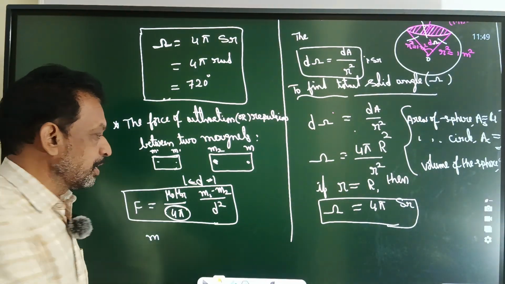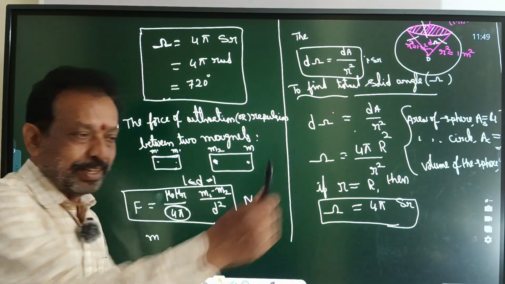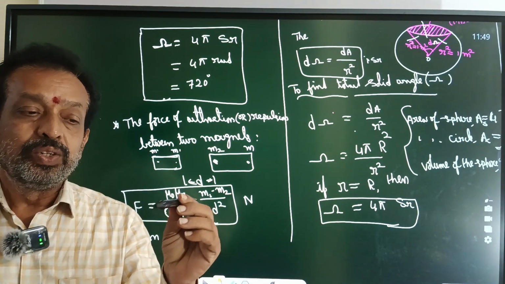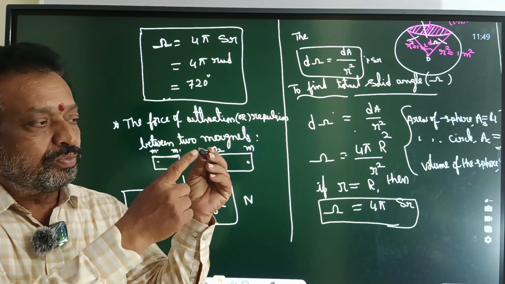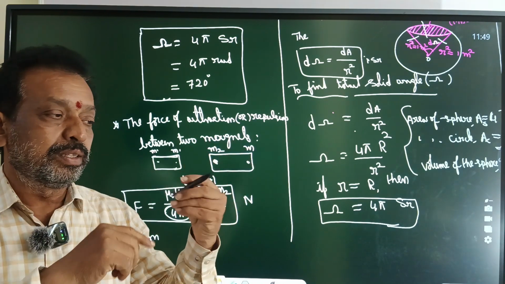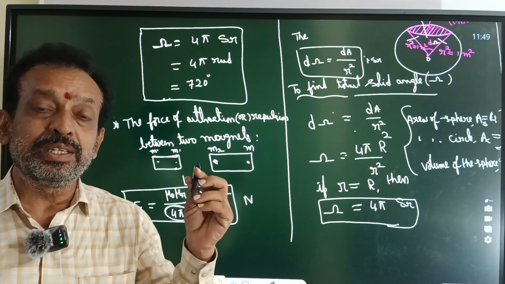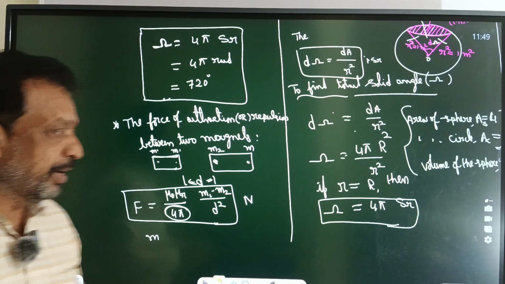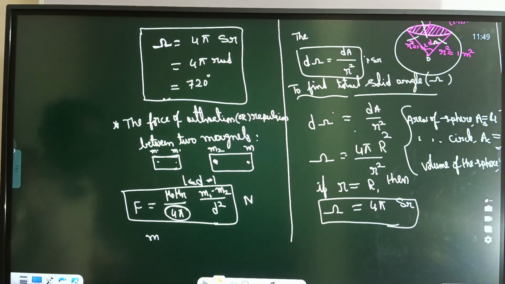Now I will give you a small example. The pen is there. Is the pen a solid or not? If you take the front view, this is a circle of 360, and also the back side has 360. 360 plus 360 is 720. 720 is solid. Now my point is, is the board a solid or not?